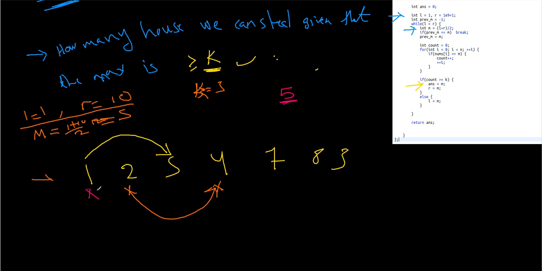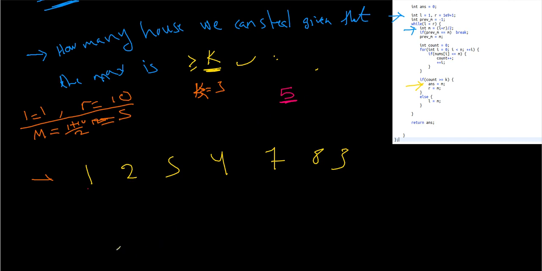The answer is, if you steal this house, then you cannot steal this 5, then you need to steal this 4. But if you steal this one here, you can also go directly and steal this one, which is 4, and that means starting at the first element you will have the best answer, and this is why we always check the first element.